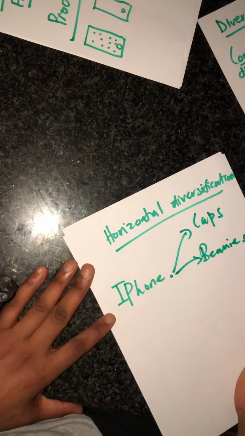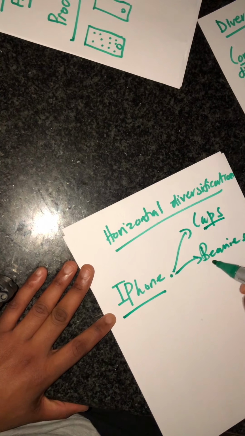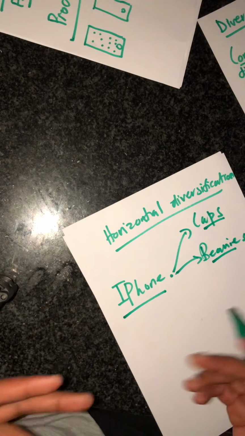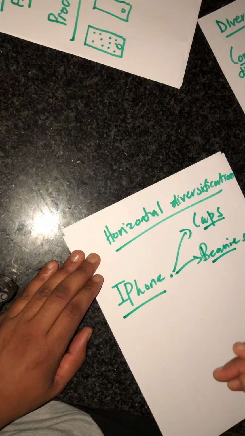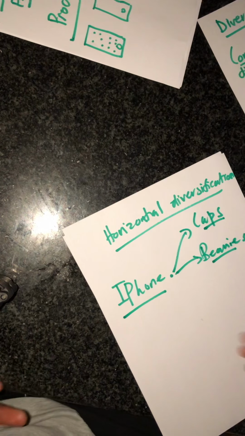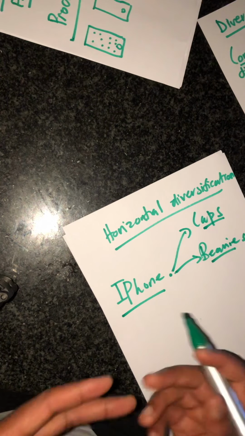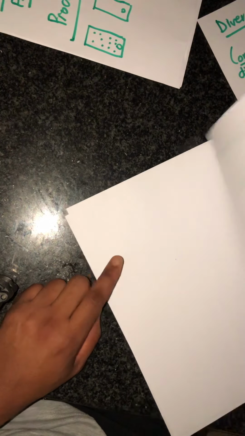These products are unrelated to the phone, however, because they carry the Apple name, people could appreciate the caps and the beanies because of the significance of what they buy or afford. It gives them status to have the caps, the beanies, and also iPhones. So this is called horizontal diversification.